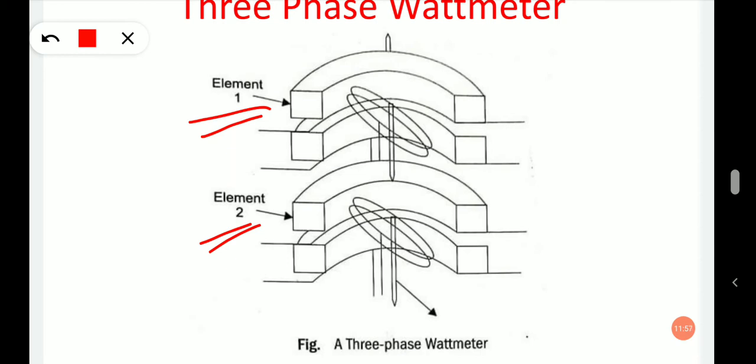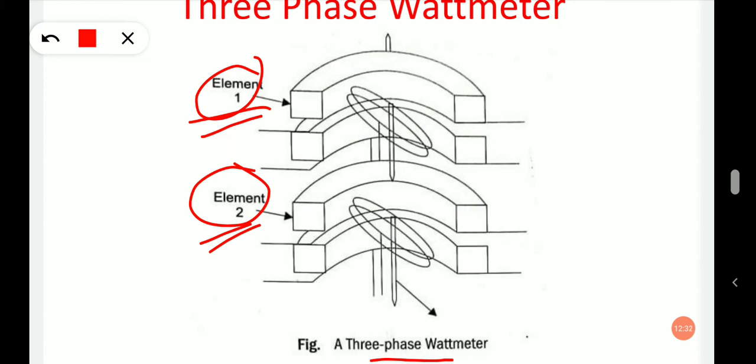In the three-phase wattmeter, both elements are connected in the same way as two single phase wattmeters are connected in a two wattmeter method.